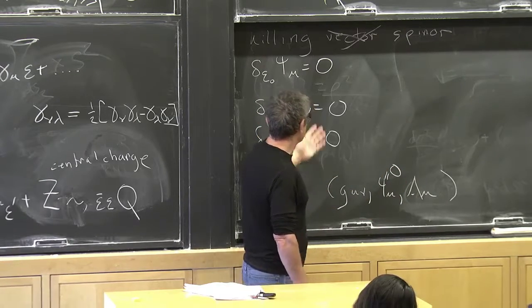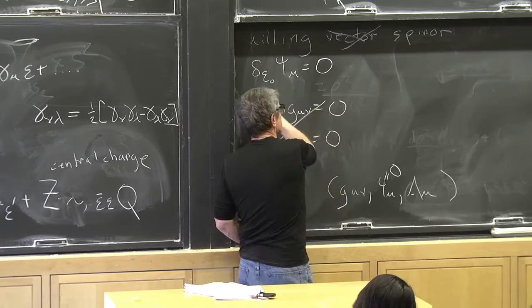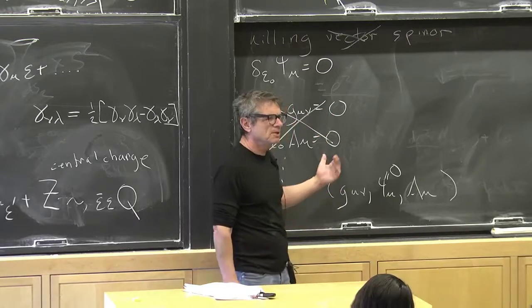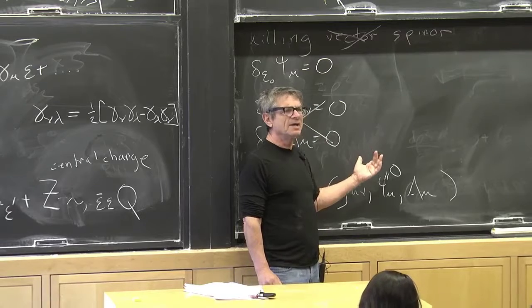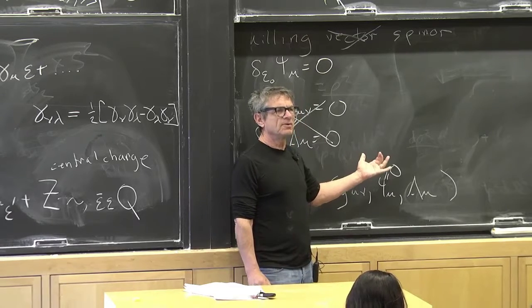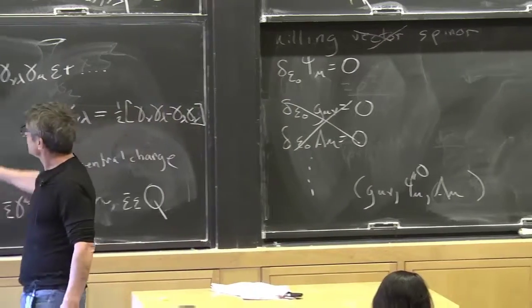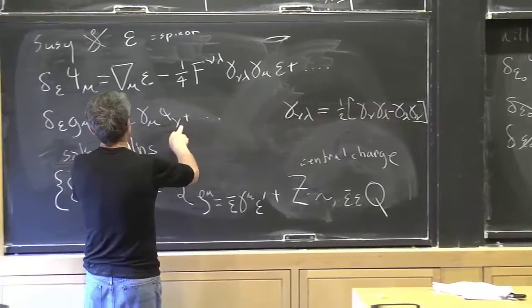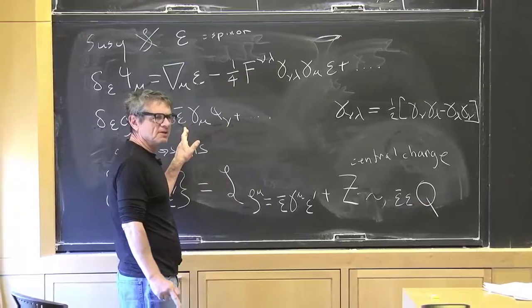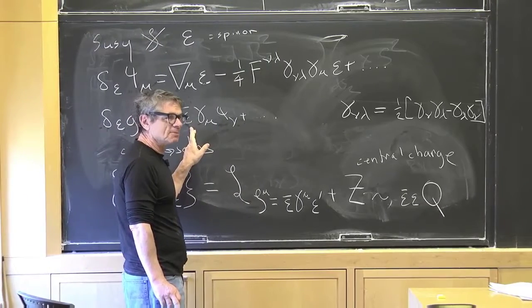Then these variations vanish trivially. These equations become trivial because they're odd in the number of fermion fields on the right-hand side. If psi is 0, this right-hand side will vanish no matter what epsilon is, so that doesn't give us any constraint on epsilon.